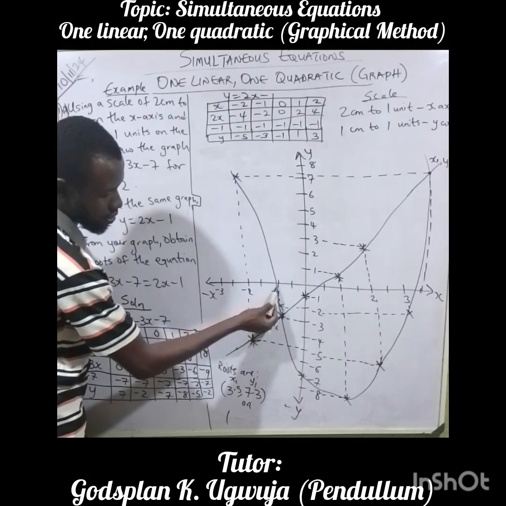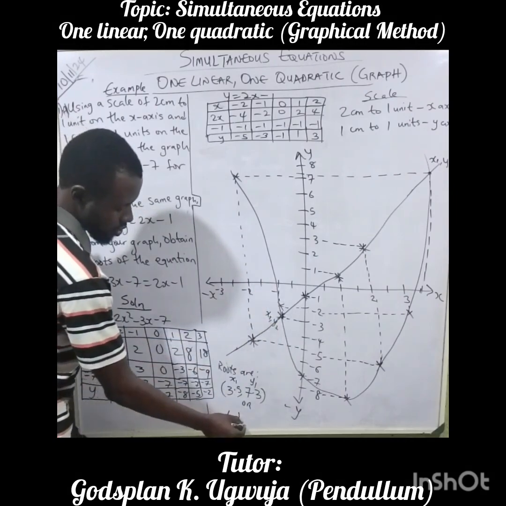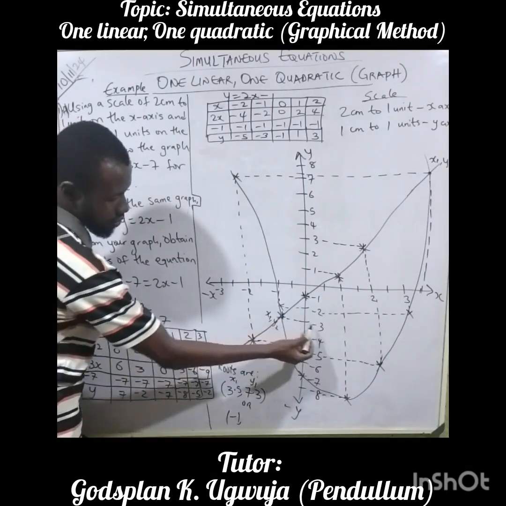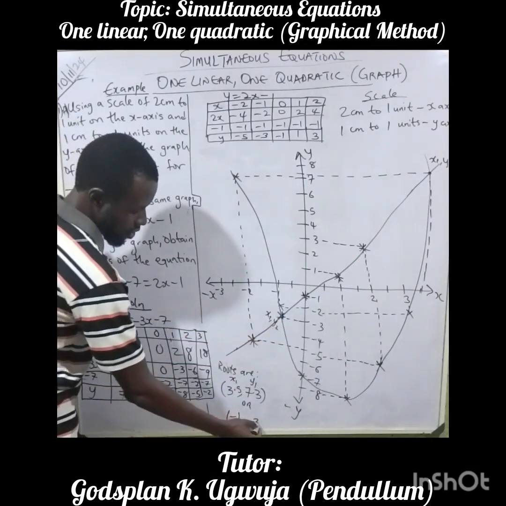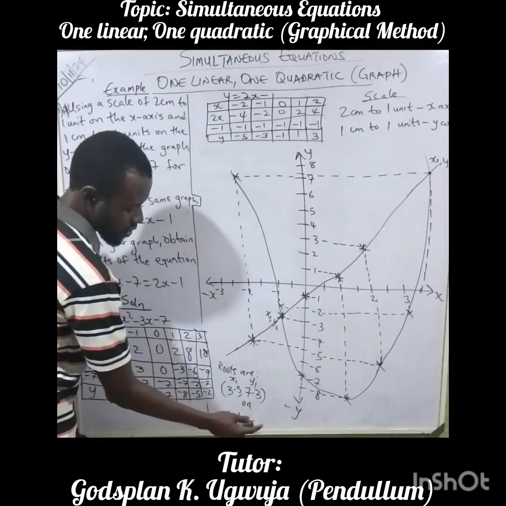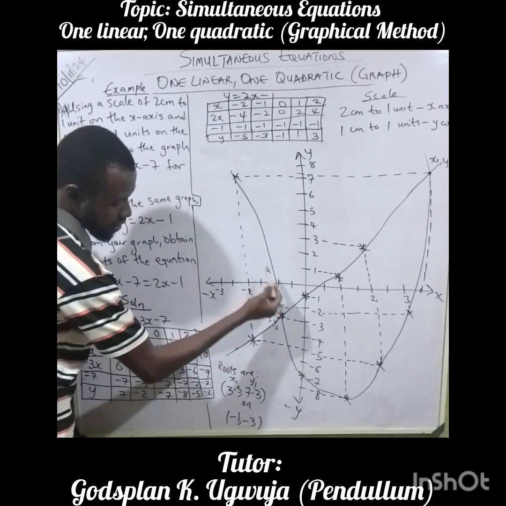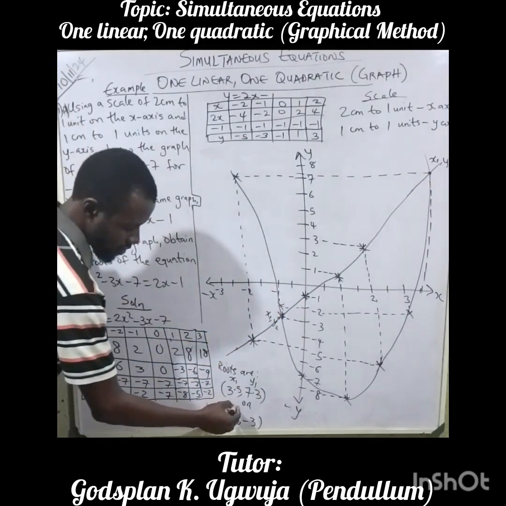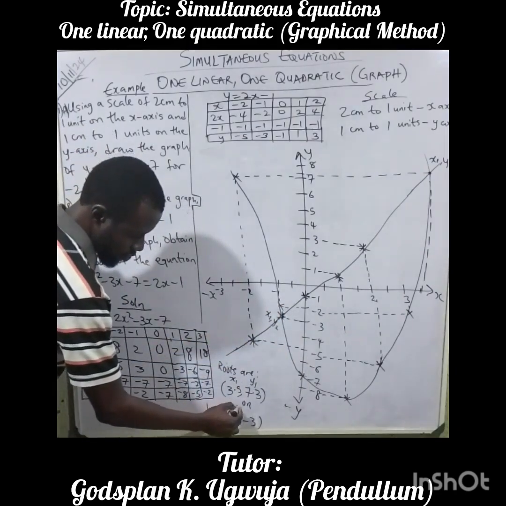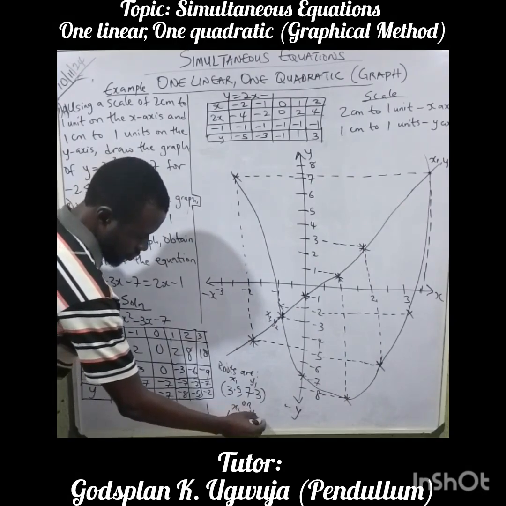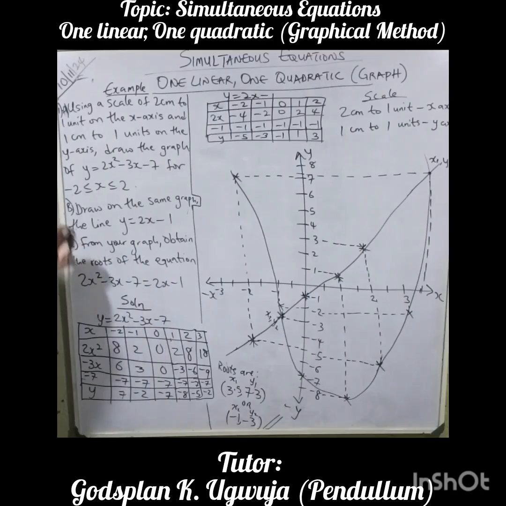And our y value is -3. So these ones are a bit clearer. So x2, y2. Alright, so these are the roots of this equation.